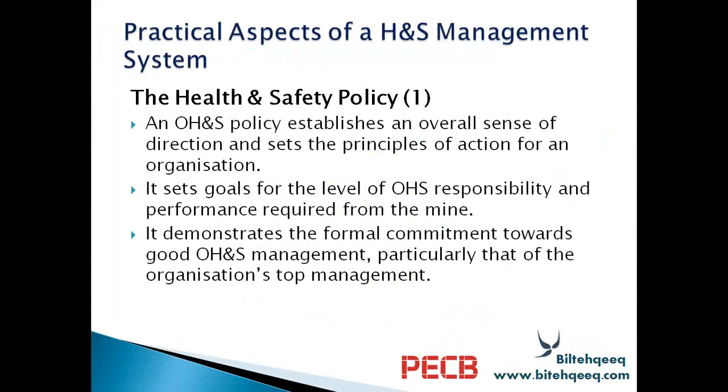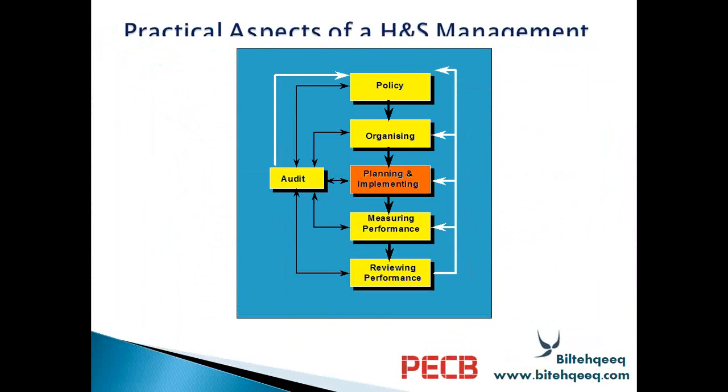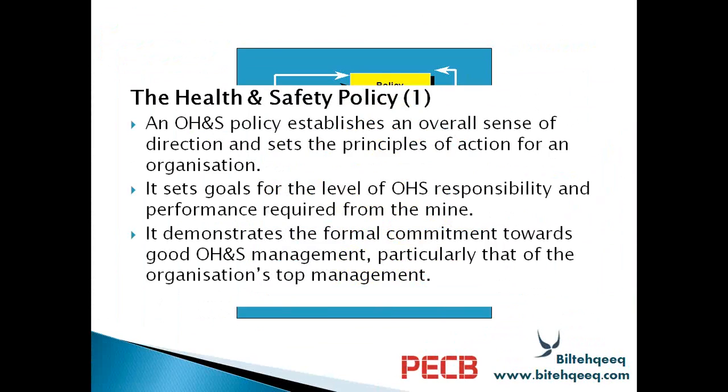It sets goals for the level of occupational health and safety responsibility and performance required. It demonstrates the formal commitment towards good occupational health and safety management, particularly that of the organization's top management. So policy basically gives us the guideline of what we have to do related to the occupational health and safety management system.